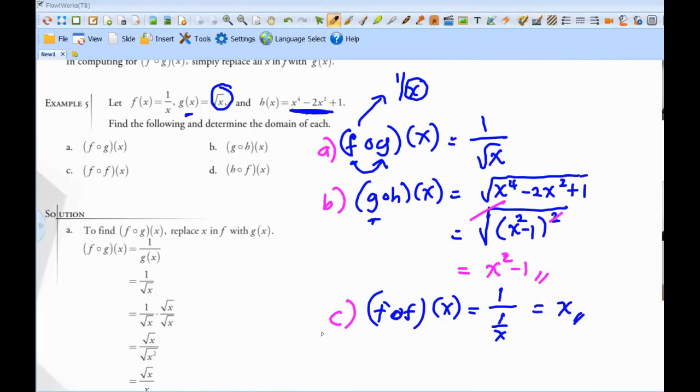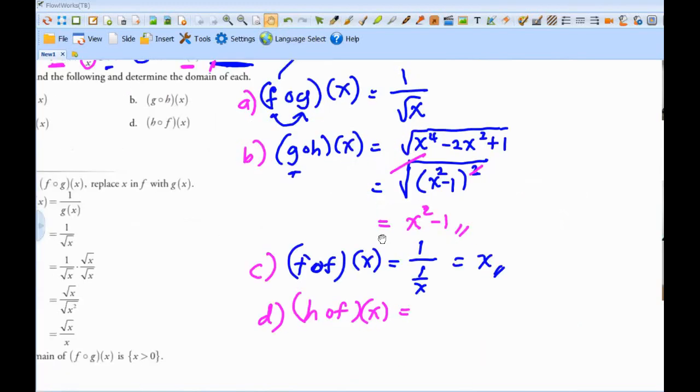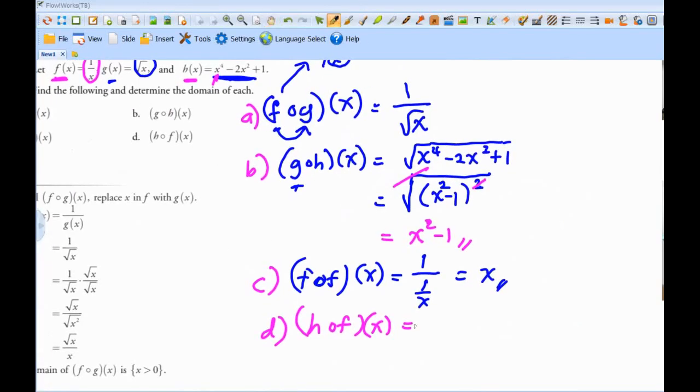And letter D is h circle of f. That's the composition of the function. h circle of f. So your h is this, but what is inside your x should be your f. So what is your f? 1 over x. So we will write that first. We'll write first x to the fourth minus 2x squared plus 1.